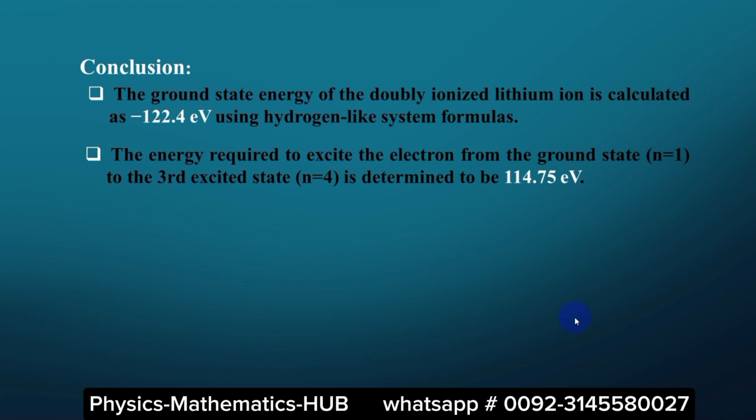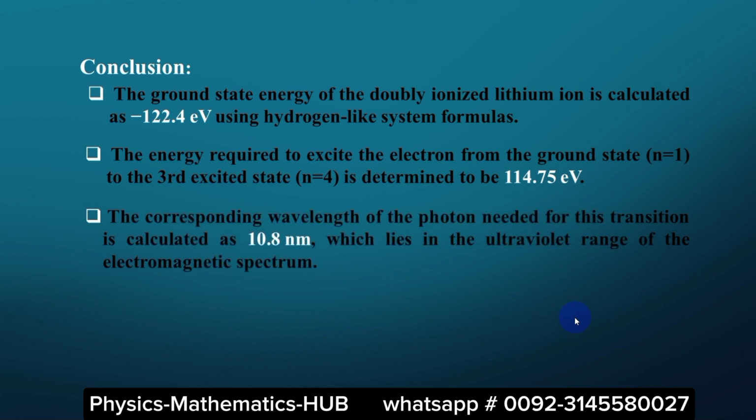The energy required to excite the electron from the ground state, n equal to 1, to the third excited state, n equal to 4, is determined to be 114.75 electron volt. The corresponding wavelength of the photon needed for this transition is calculated as 10.8 nanometer, which lies in the ultraviolet range of the electromagnetic spectrum.